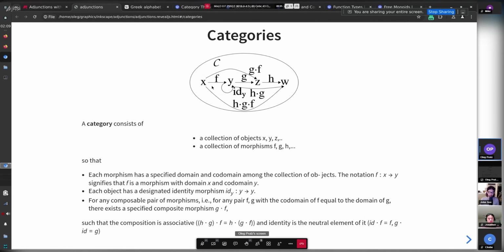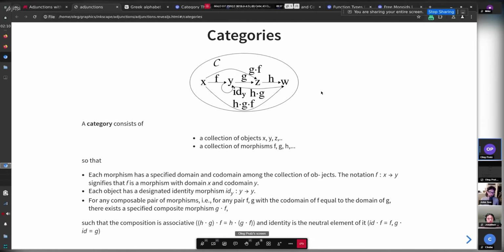We draw morphisms as arrows in diagrams, and each morphism has a beginning and an end. Yeah, and every object has an identity morphism associated with it. So here you can see identity for Y, and everything else also has an identity for it.